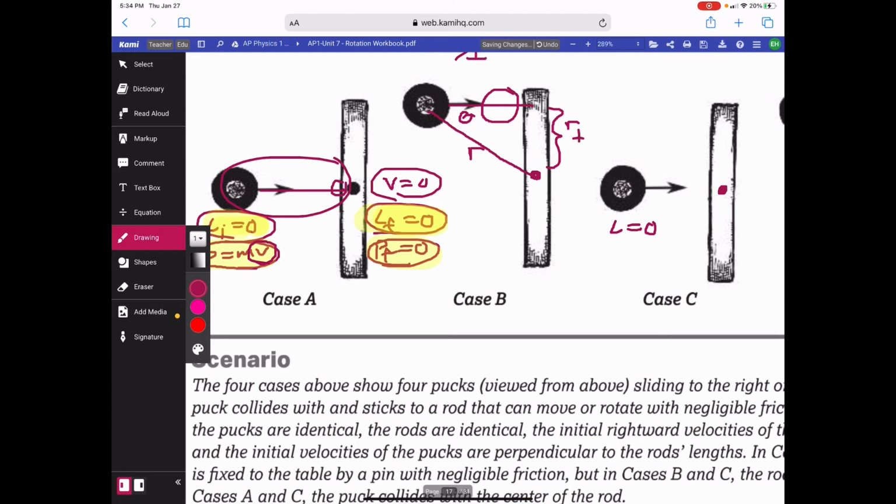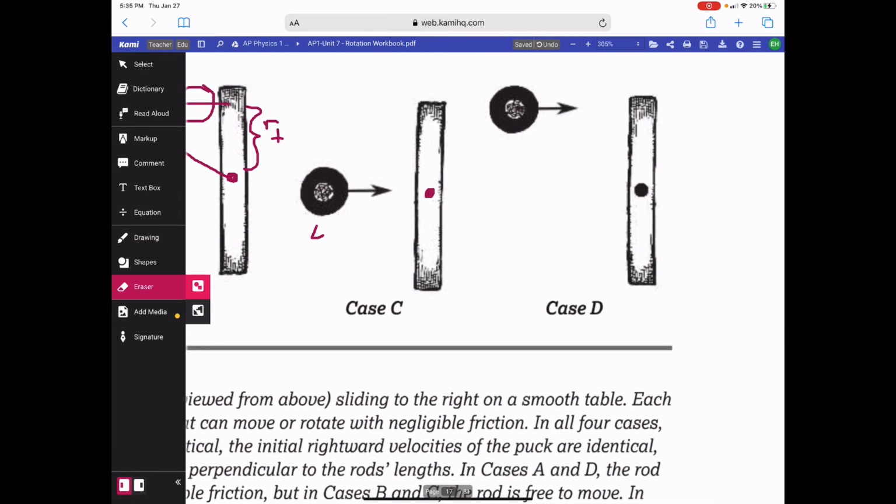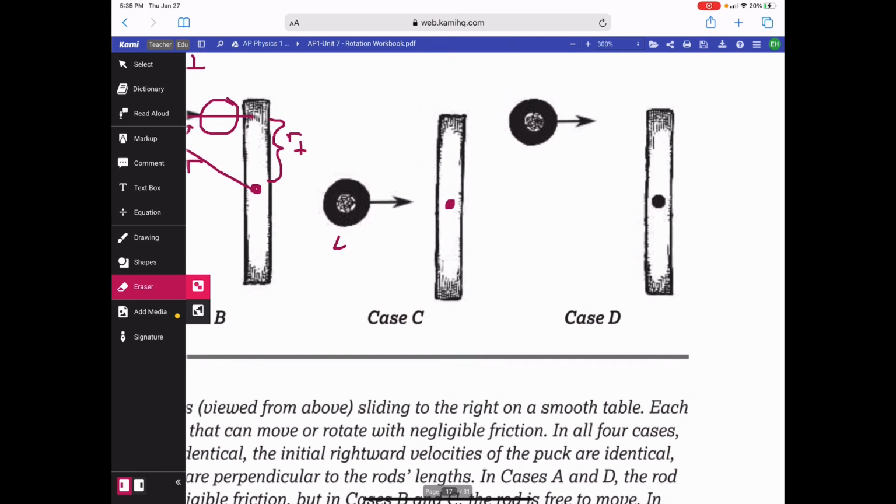There's no radius from the point of rotation because you're colliding with the bar at the point of rotation. Similarly with case C, you're colliding with the bar at the point of rotation. There is no R perpendicular. So since that's 0, that is 0.